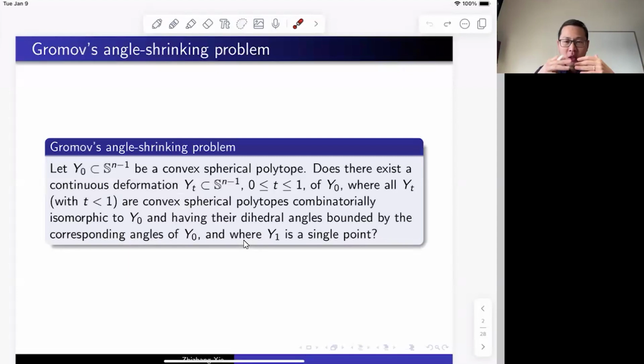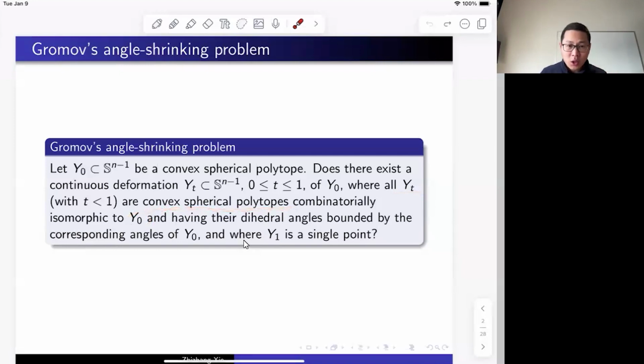The question is, does there exist a continuous deformation of this convex spherical polytope through a family of convex spherical polytopes which have the same combinatorics of the original convex spherical polytope, which we call Y0? So start with the Y0. You want to deform it through YT. All of them have the same combinatorics. All of them are convex spherical polytopes.